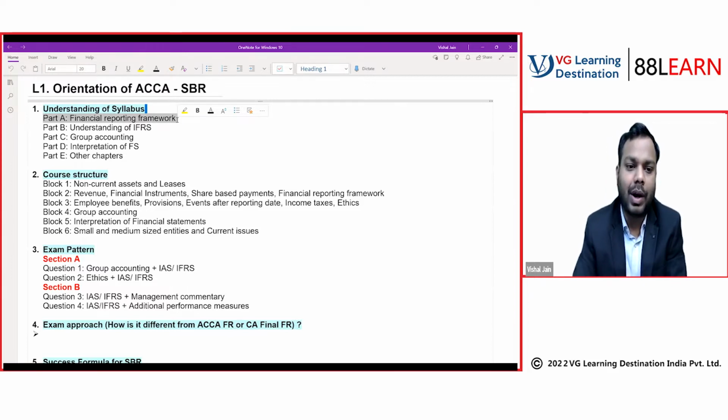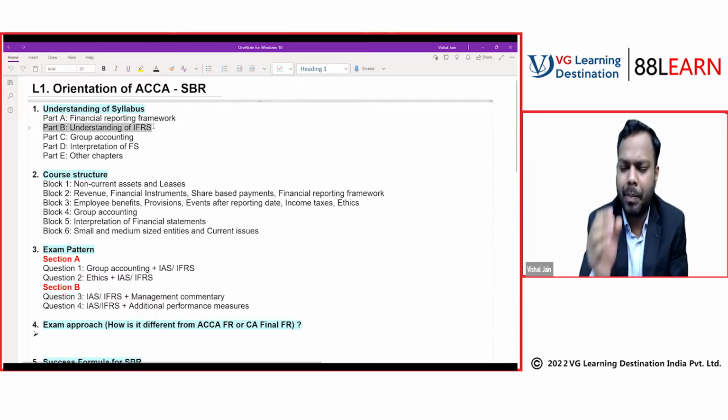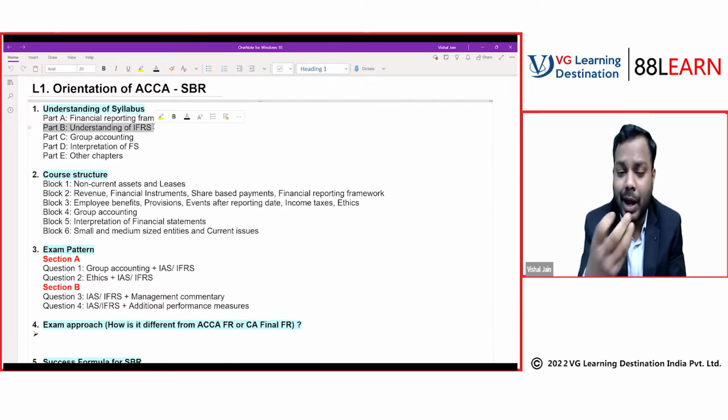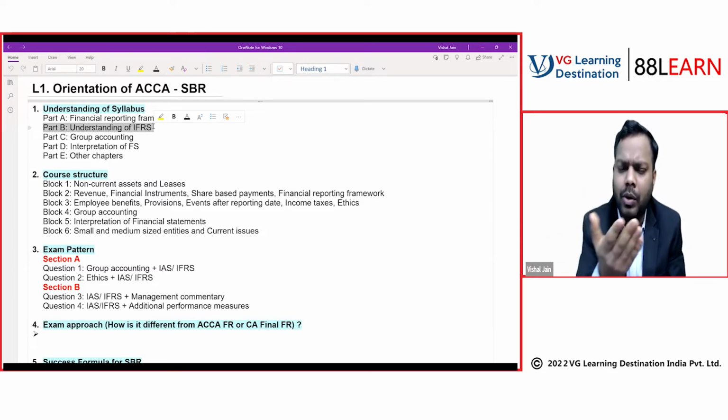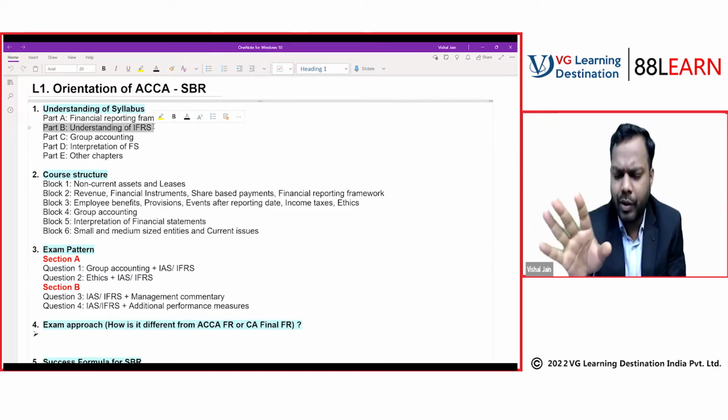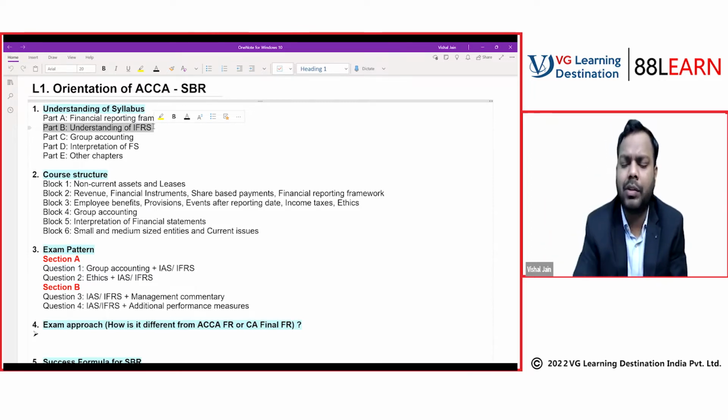Now, understanding of IFRS. I believe you already have a brief introduction about IFRS. The one who has come from an ACCA financial reporting background does know what IFRS is, and the one who has come from a CA final background might know AS. If you know AS even, this will be easy to understand.